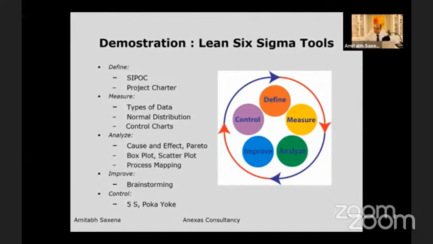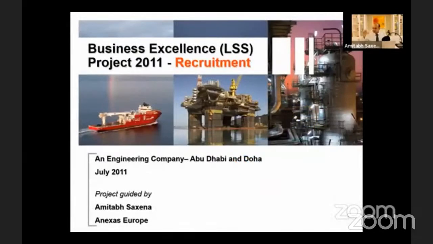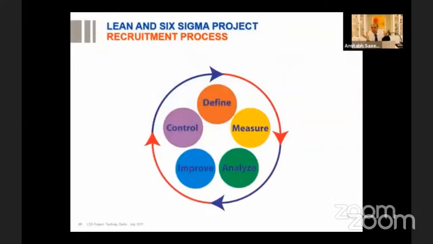As we do the project, we'll keep learning these tools and techniques, and not only learn, but also keep applying them to our project. Now, let us look at one engineering company which wants us to reduce the recruitment cycle time. So what we will do? We will follow the DMAIC approach: define, measure, analyze, improve, and control.